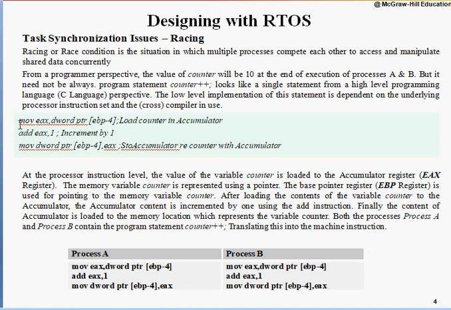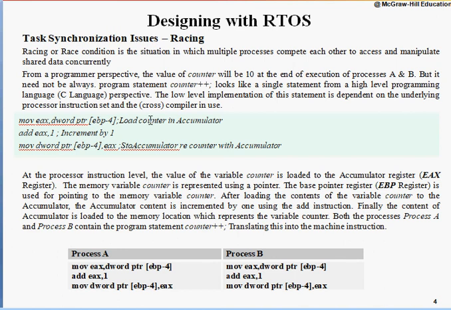So what is this? You have a command here, move EAX, where EAX is your accumulator, and pointer EBP minus 4. You load the counter value, whatever value counter has, using what we call the base pointer. Using the base pointer, access the data present in counter, increment it by 1, and store it at the same location.